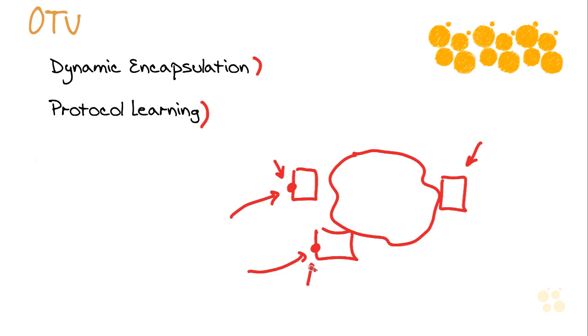An OTV overlay can only have a single join interface per edge device. Multiple overlays can share the same join interface. The overlay interface is a logical multi-access and multicast capable interface that must be explicitly defined by the user. The entire OTV overlay configuration is applied on this logical interface.